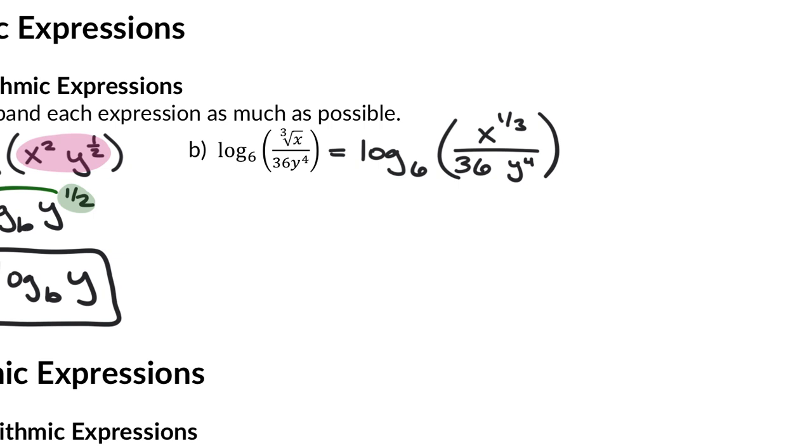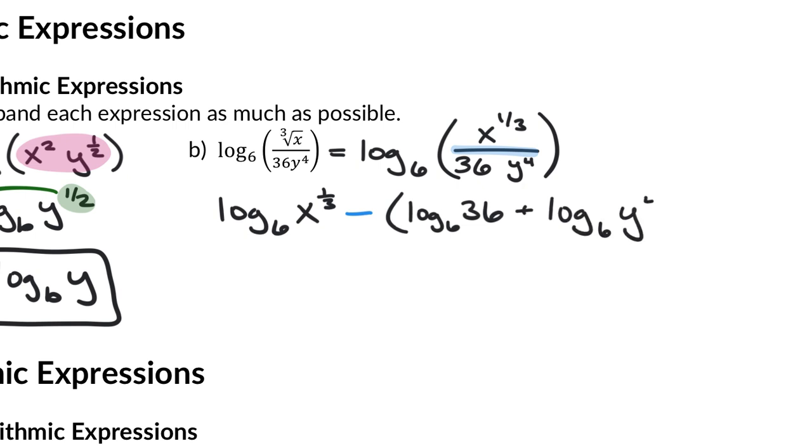Let's take care of one piece at a time. Let's take care of this division bar. Everything on top will be positive. Everything on bottom will be negative, meaning we can expand it to start looking like this. We have log base 6 of x to the 1/3 minus the quantity log base 6 of 36 plus log base 6 of y to the 4th power.